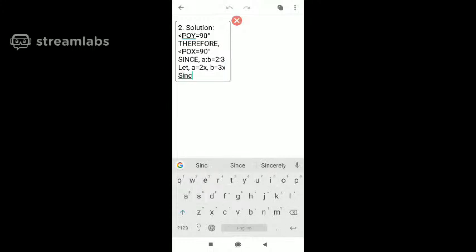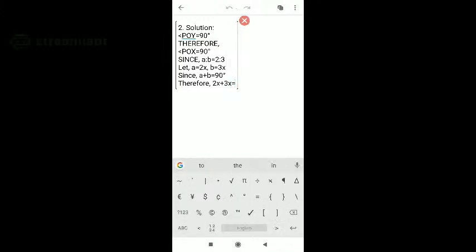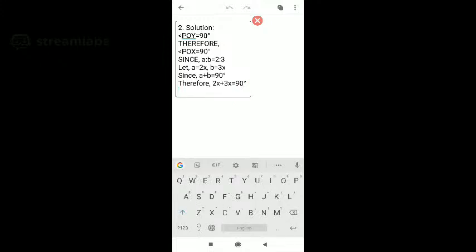So here we write, since A plus B equal to 90 degree, therefore, and since you can write in symbol also, 2x plus 3x equal to 90 degree. So that implies 5x equal to 90 degree.